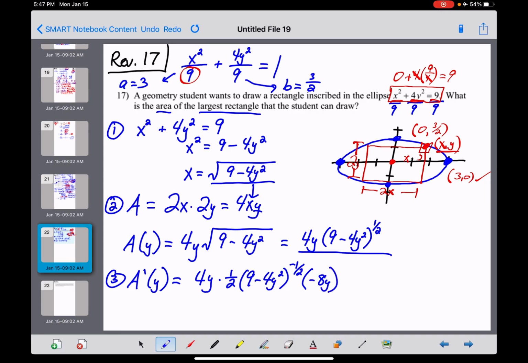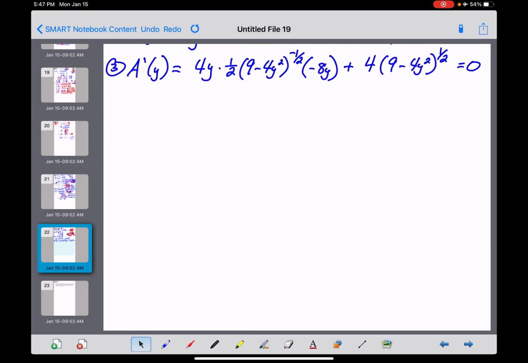So that's first times derivative of the second, plus the second factor, 9 minus 4y squared to the 1/2 times the derivative of the first, which is just going to be 4. And we want to set that derivative equal to 0 and solve that. And this looks like it's going to take some work, everybody. So let's see what we can do. I'm going to clean up that first term right there.